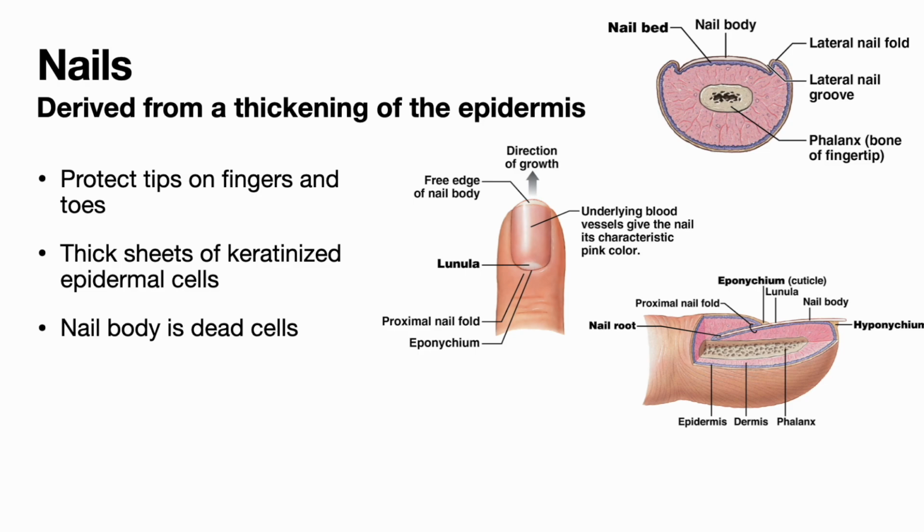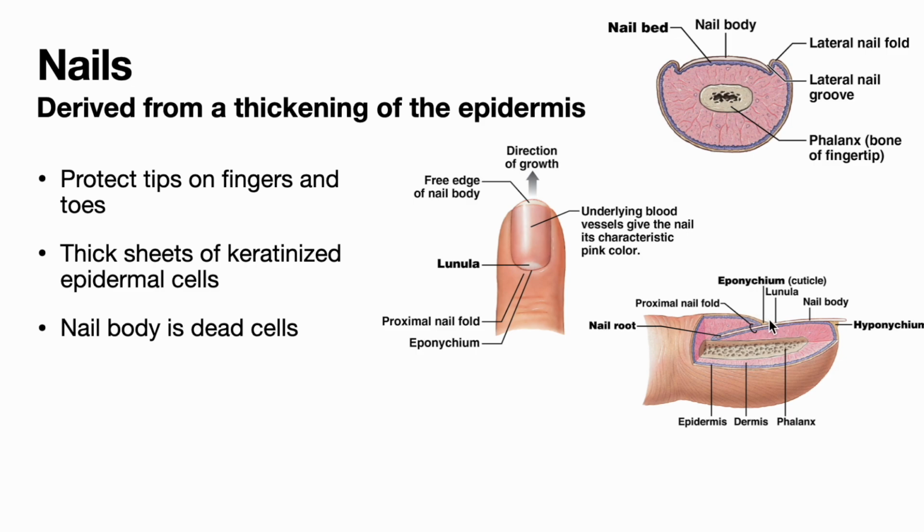But there are a few structure names that we want to be aware of. If we look at this side view of the fingernail, you can see where the stratum corneum is going to overlie the actual keratinized nail. Right here is the eponychium, and you would know it as the cuticle.